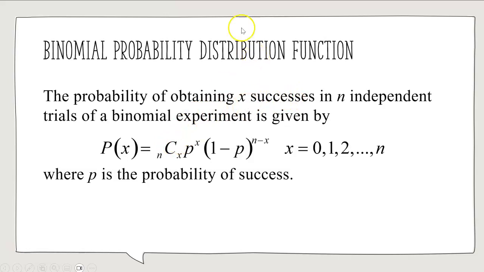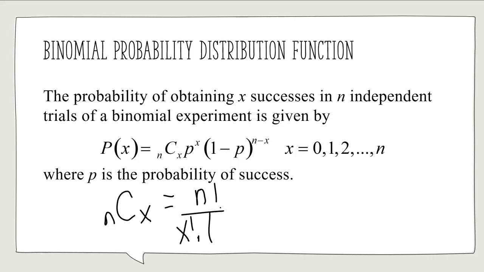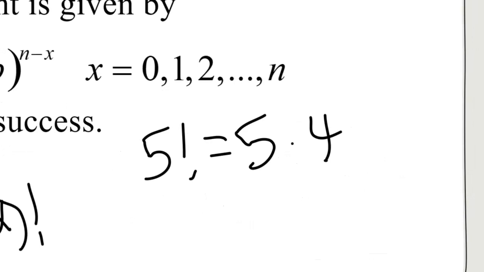All right. Now there is one new formula here that we have not seen yet, and it is this combination formula, this N choose X. All right, that's called the combination formula, and what it is equal to is N factorial, which we haven't talked about either, over X factorial times N minus X factorial. Now factorial means you take a number and you multiply it by every integer less than it. So for example, 5 factorial is equal to 5 times 4 times 3 times 2 times 1.